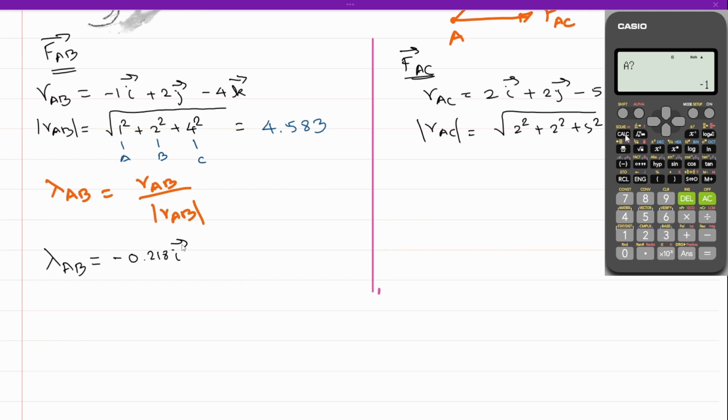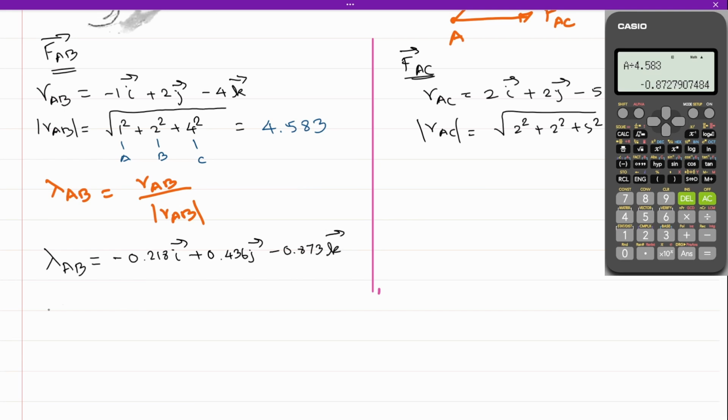Press calc. Now A is 2, giving 0.436, so plus 0.436 J vector. Press calc again. Now A is -4, giving minus 0.873 K vector.